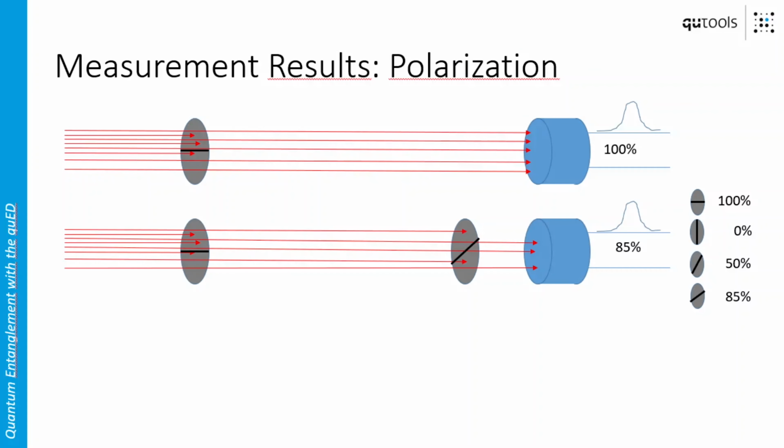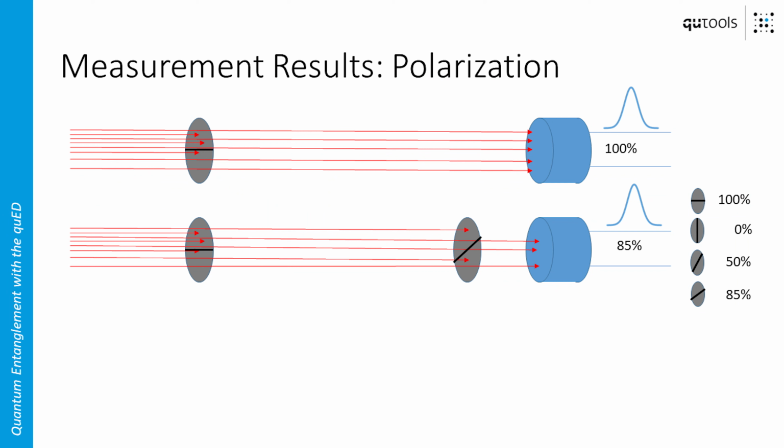I've also made a slide summarizing the results of the experiment. As you can see, we have defined the amount of photons that we measure going through one polarizer as 100% of the photons coming through. And with respect to that, we have measured the amount of photons going through a second polarizer after the first one, corresponding to different angles of measurement for this polarizer.